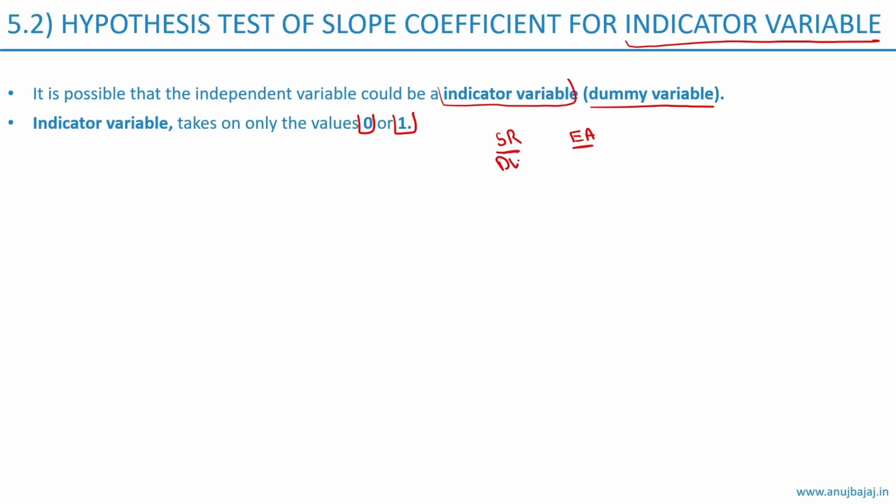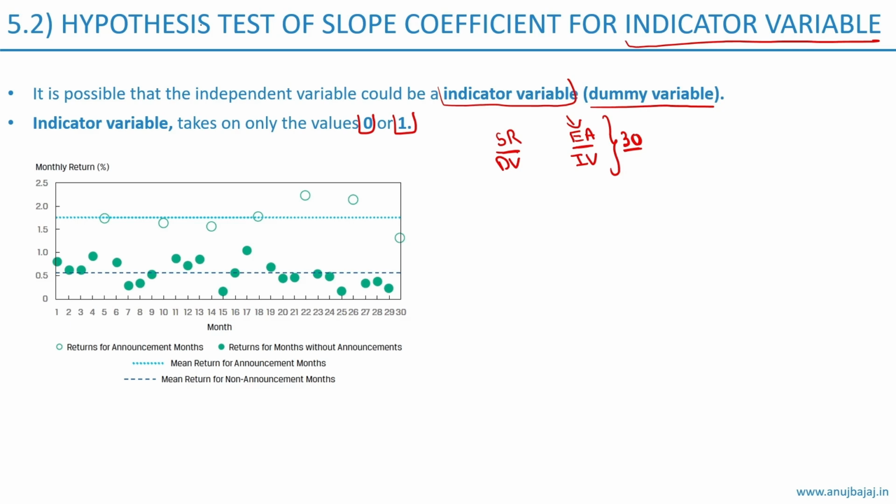So this is the dependent variable. This is the independent variable. The analyst collects data for the past 30 months. He collects monthly stock returns for the past 30 months and he also collects the data for the past 30 months on whether earnings announcements were made or not in each month.